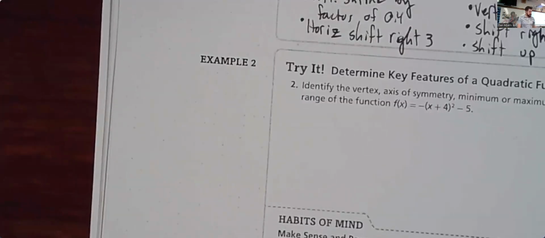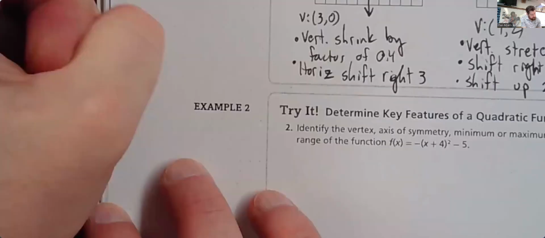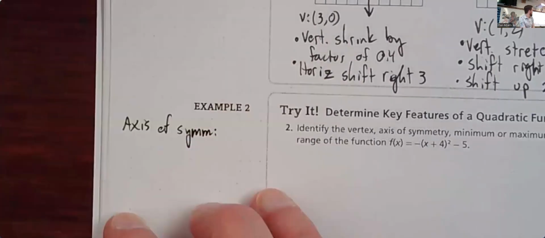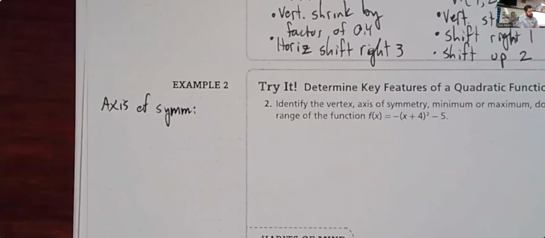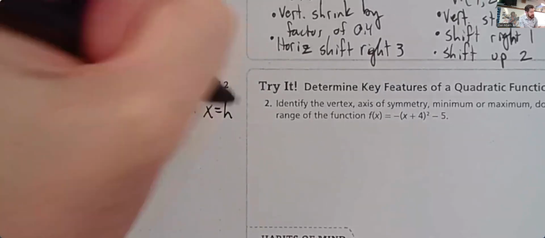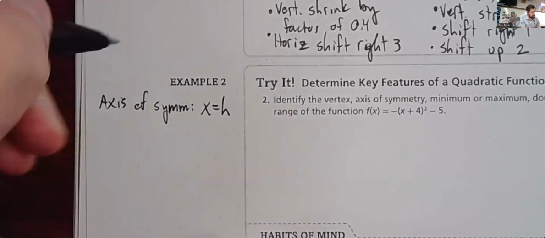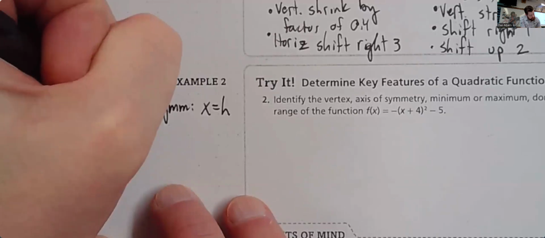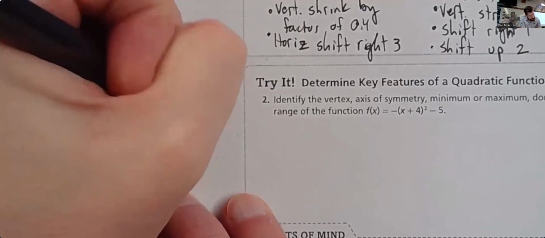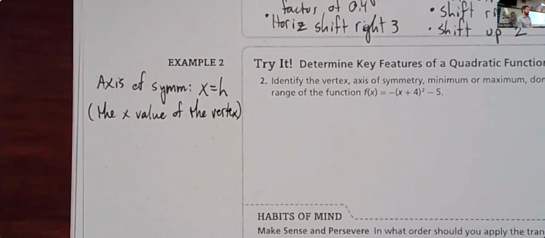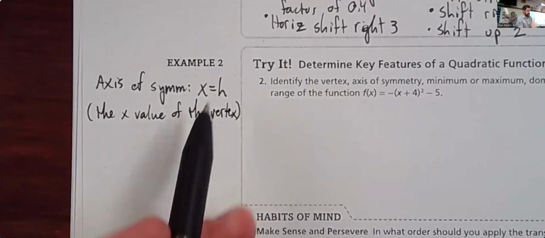And for the axis of symmetry, x equals h. If you want to write this as well, that's just the x value of the vertex. The x value of the vertex is the axis of symmetry. x equals whatever h is.